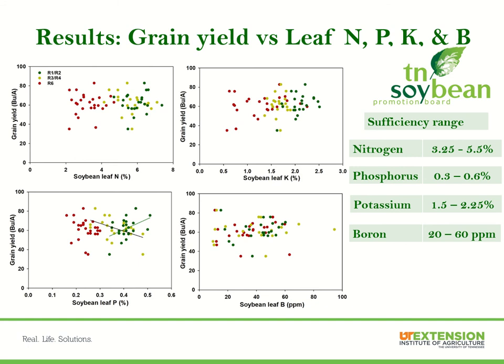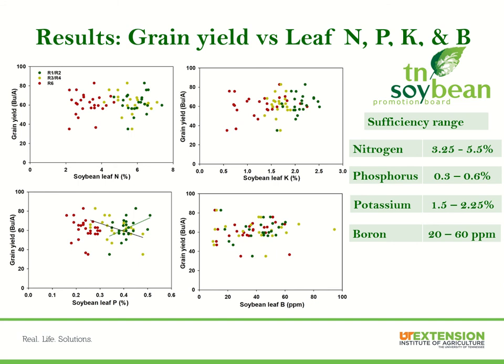Any number below this range indicates deficiency level. What we see here is that for all the nutrients except for nitrogen, they're within the sufficiency range. Nitrogen was slightly higher in most cases, which was a little bit surprising.